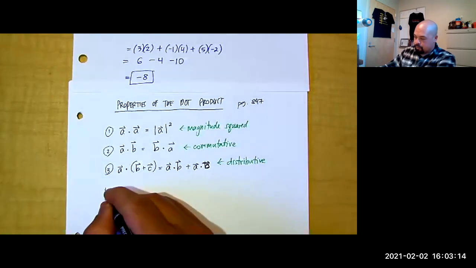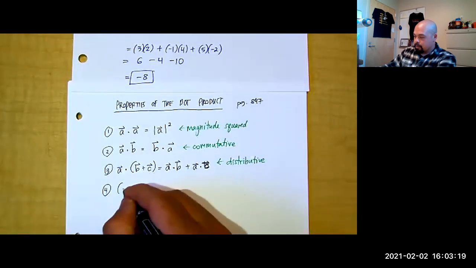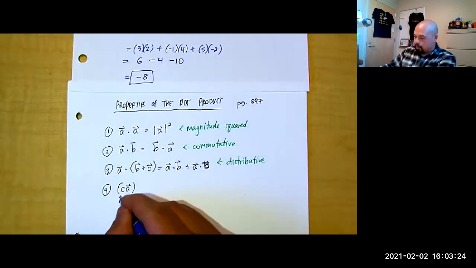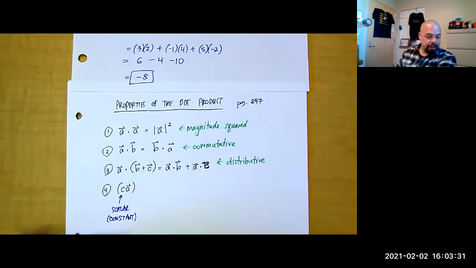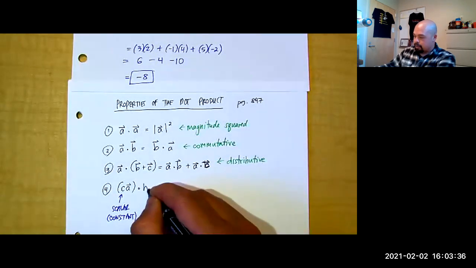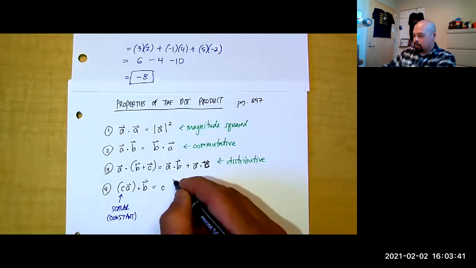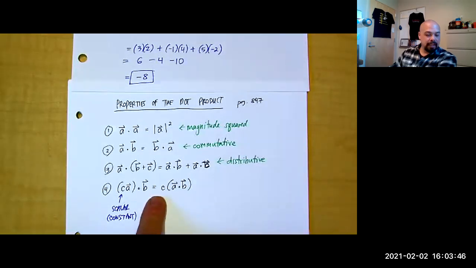Then we have a scalar multiplying a vector, just scalar multiplication with a constant. If we're dotting that with some secondary vector B, with this kind of transitive property I can factor that constant out completely, do the dot product first, then multiply it in.